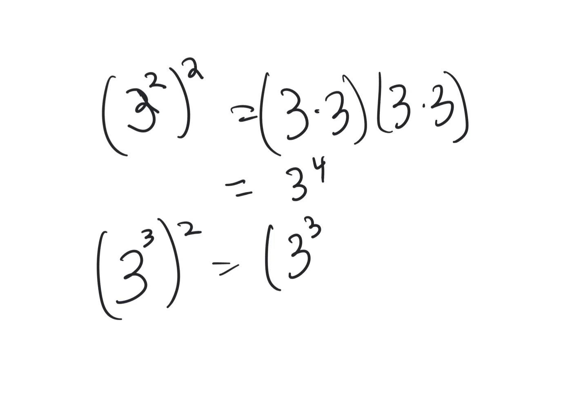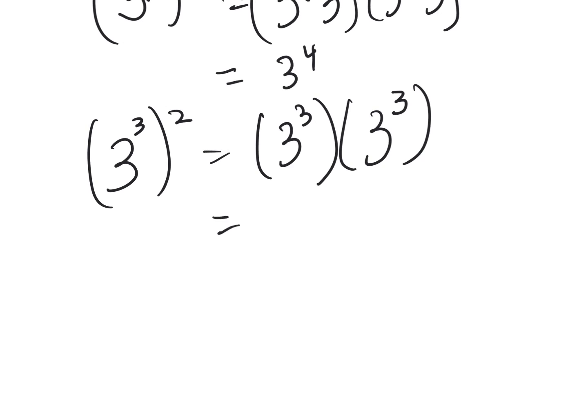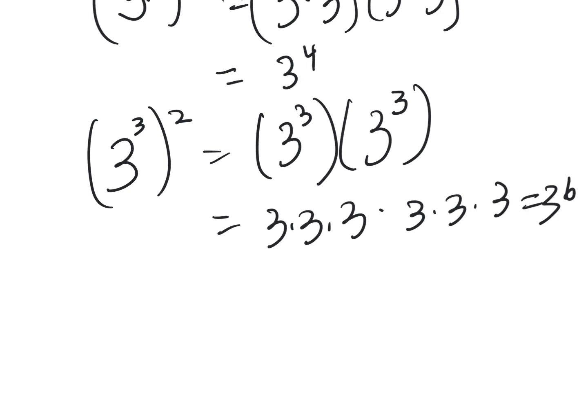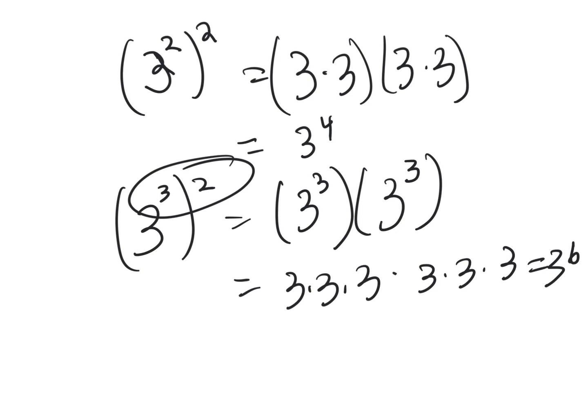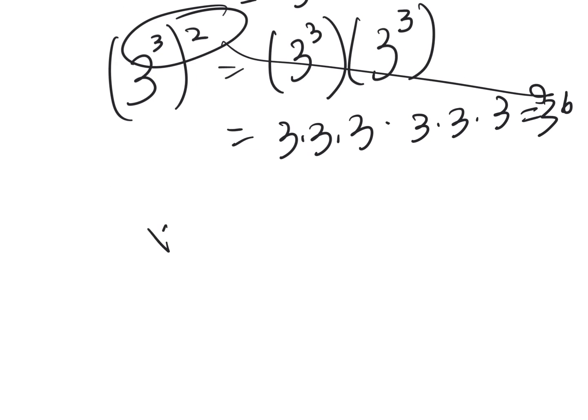That'd be 3 cubed times 3 cubed, which is 3 to the 6th. So we notice we're multiplying. So if you have a power raised to another power, you can multiply those 2 powers.